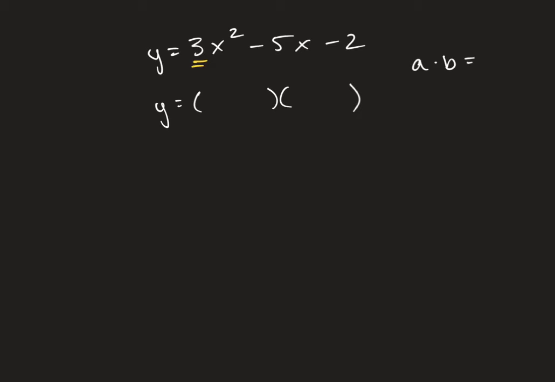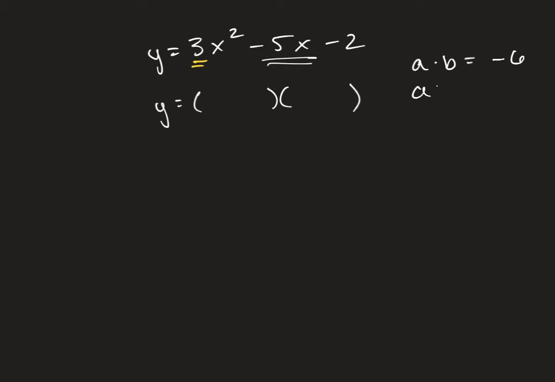I should backtrack. Basically, what we're going to be doing is breaking up this middle term into two parts, an a part and a b part. So we want a times b to be equal to our leading coefficient times our constant, or 3 times -2, which is going to be -6.